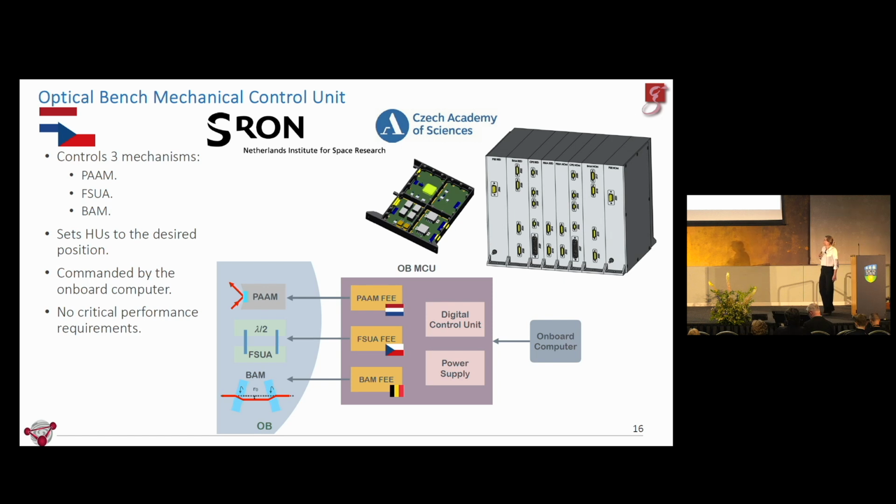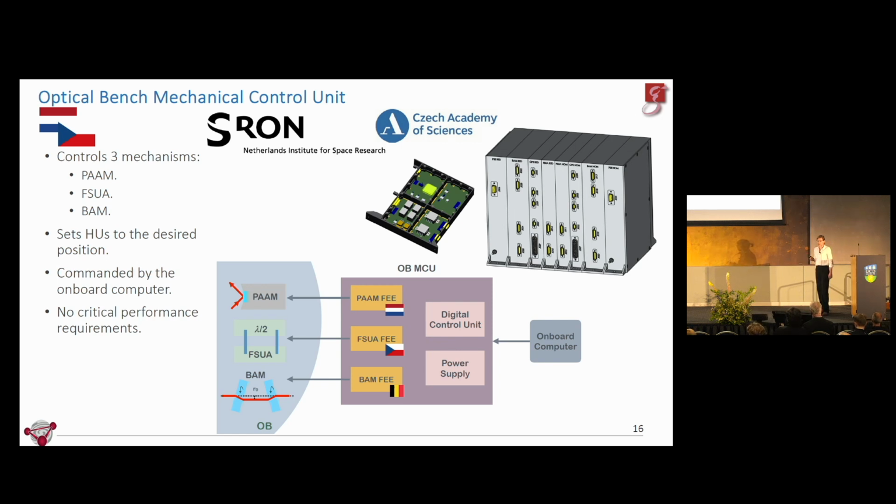And now, all of those three mechanisms have to be controlled, and for that, we have the optical bench mechanical control unit, or OBMCU, being developed by Esron in Netherlands together with Czechia Academy of Sciences. So here is the OBMCU. It sets the position of the hosted unit to the desired position.